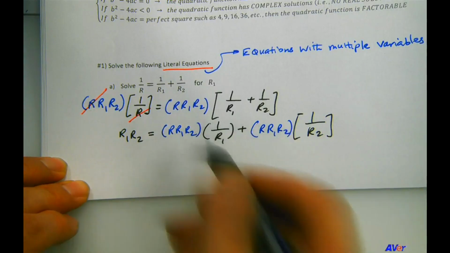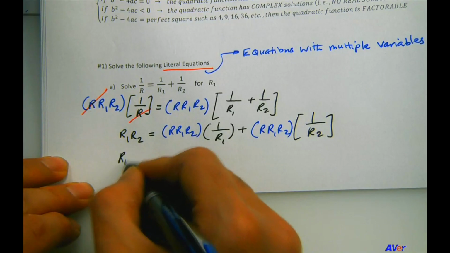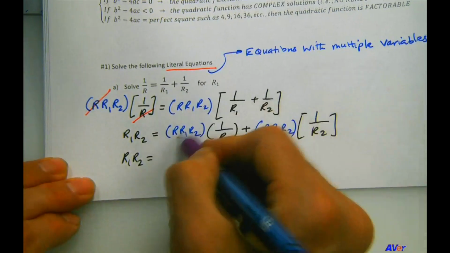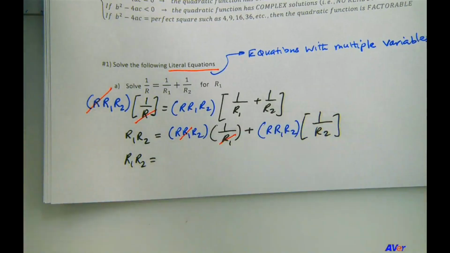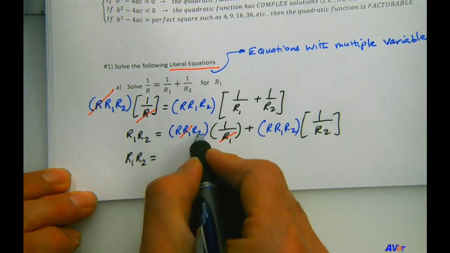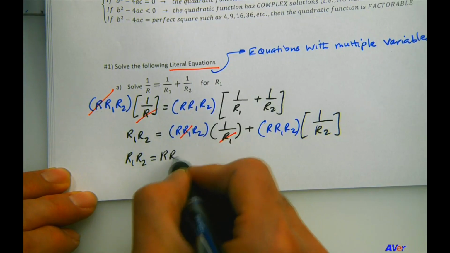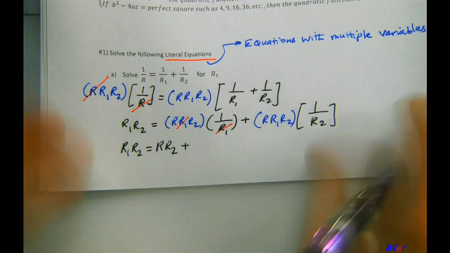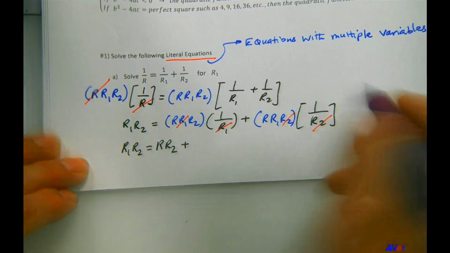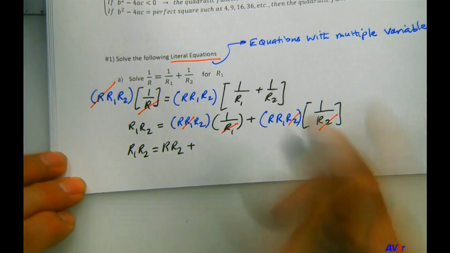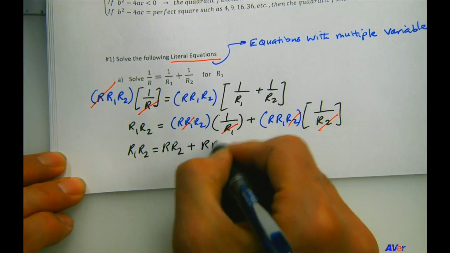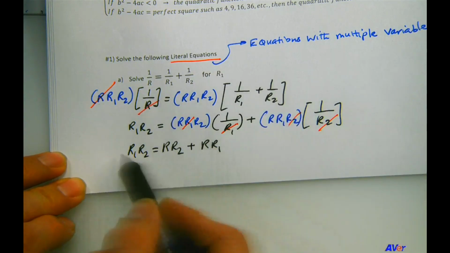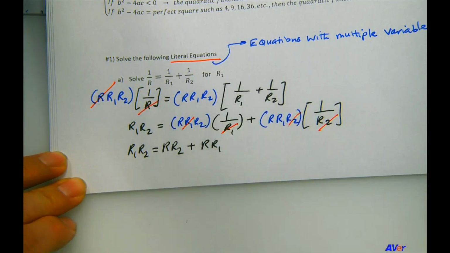After we distribute, let's start simplifying. So r1, r2 is equal to: r1 and r1 cancel out, we end up with r times r2, plus, in here, r2 and r2 cancel out, we end up with r times r1, right? So the fractions are all gone. We have just one equation with no fractions.